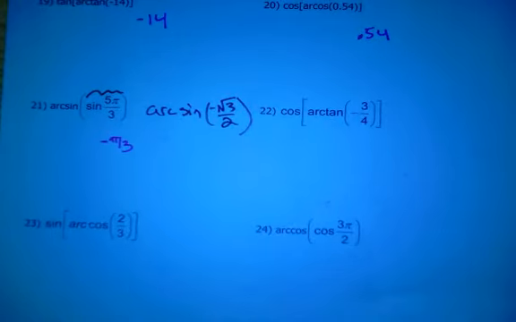Okay. If you're ever given an inverse inside of a regular trig function, and it's not a normal one, you can always draw a triangle. The reason is because arc gives us an angle measure, so we can figure out what the theta should be.